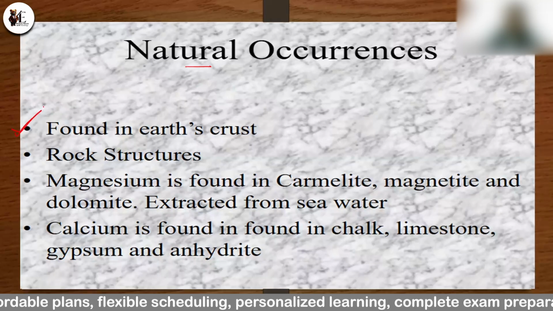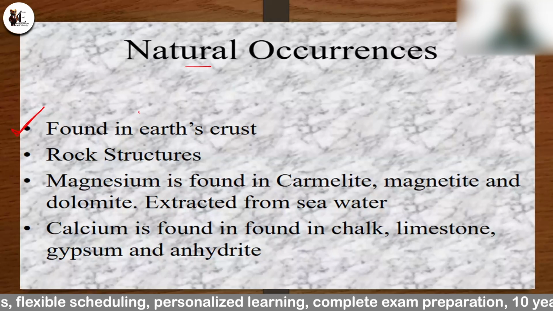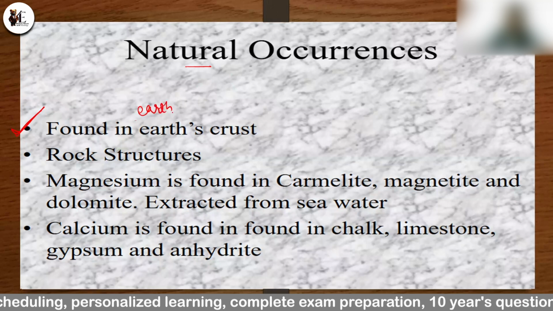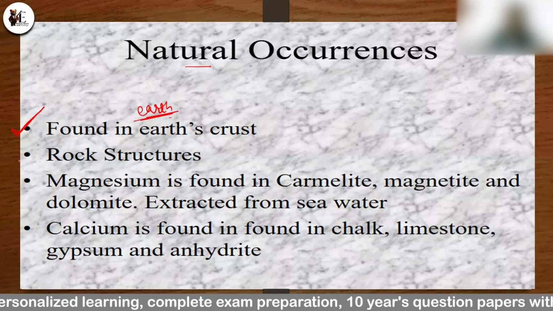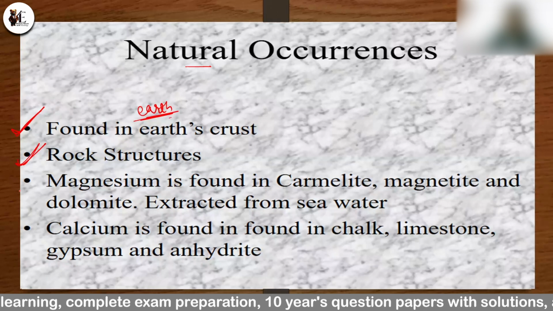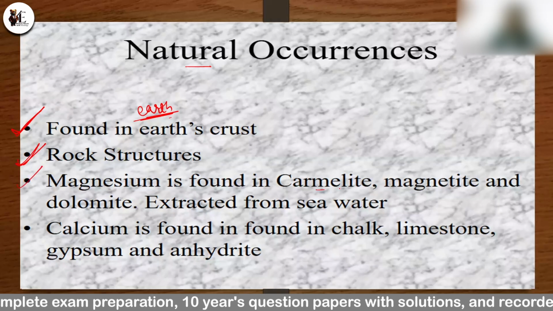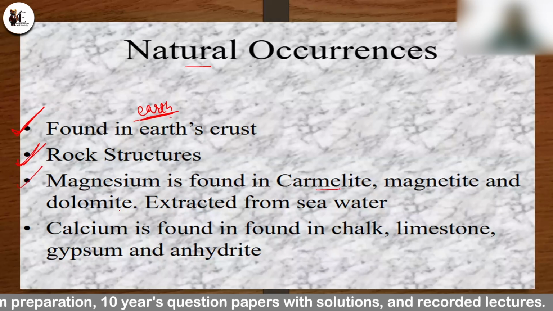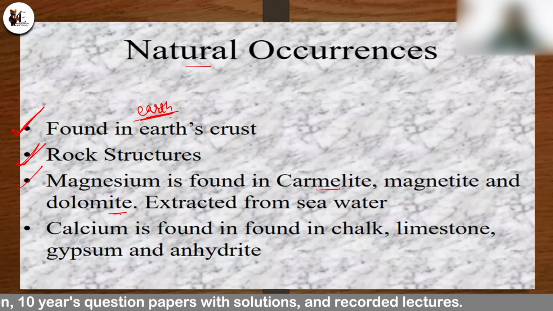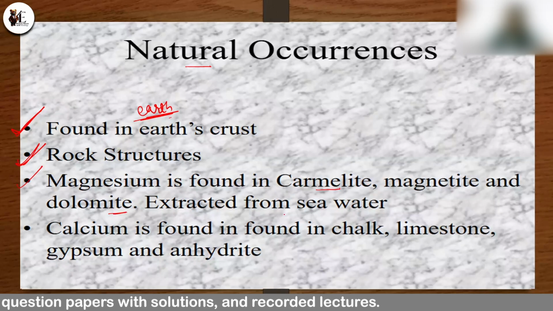They are found in the earth's crust. That's why they are known as alkaline earth metals, because they are found in the earth's crust, in rock structures. Magnesium is found in carnallite, magnetite, and dolomite. These are the names of the ores in which magnesium is present. It is also extracted from seawater.